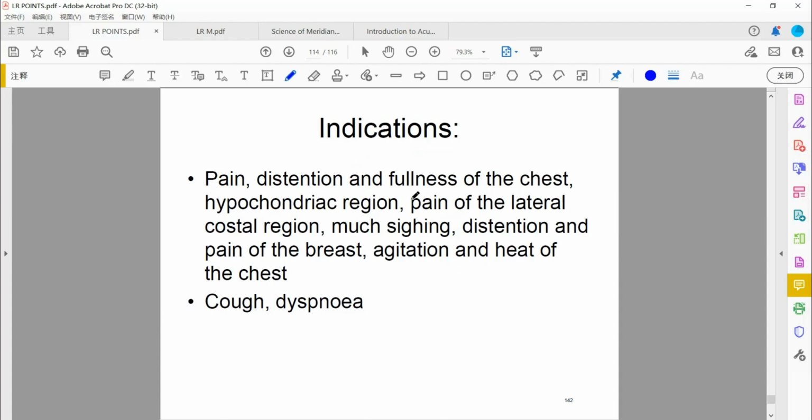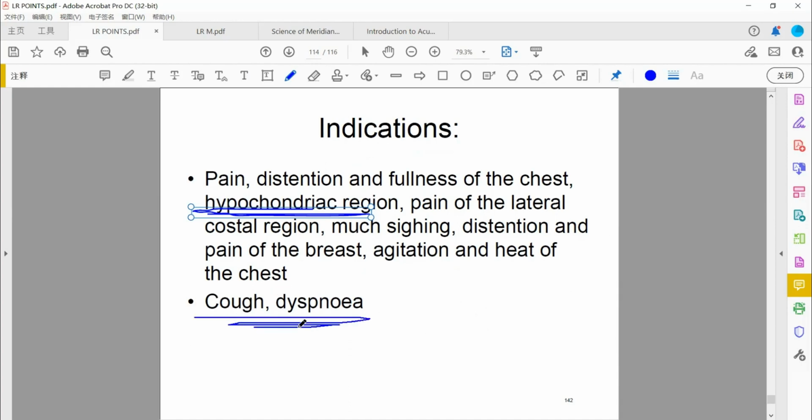Pain, distension, and firmness of the chest and hypochondriac region, which is the liver and gallbladder region. Pain of the lateral costal region, frequent sighing, distension and pain of the breast, agitation and heat of the chest, cough, dyspnea.